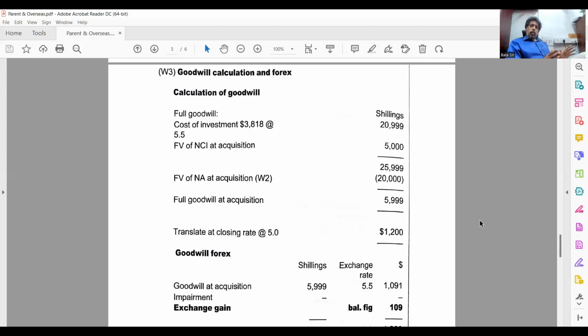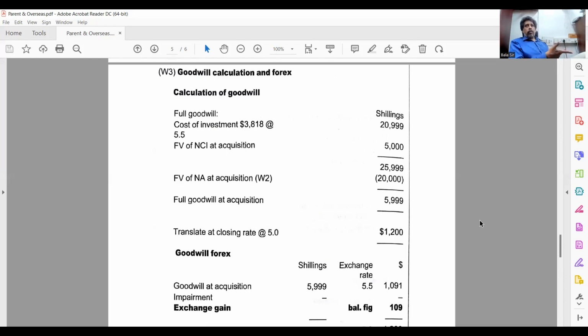Now, what is the first line? We write the fair value of the consideration that is paid by the parent company to buy that 80% interest. I think that is there in the question itself as 20,999 shillings. It's also given in dollars, after conversion, but anyway, you take 20,999 shillings. And then to this, add the fair value of non-controlling interest because they say full goodwill method, and they want a fair value NCI.